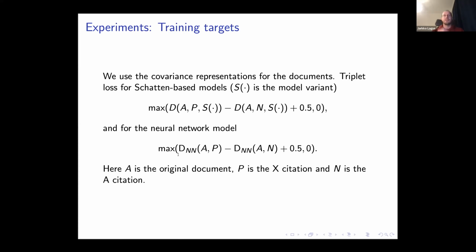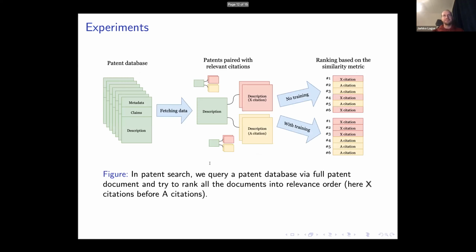And here we use the traditional notation for the triplet loss. So A is the original document, the so-called anchor document. P is the positive sample. Here it means that it's X, because that is what we want to be closer to the anchor, and N is the A citation, because that's the negative sample that we want to push further away from the original sample.